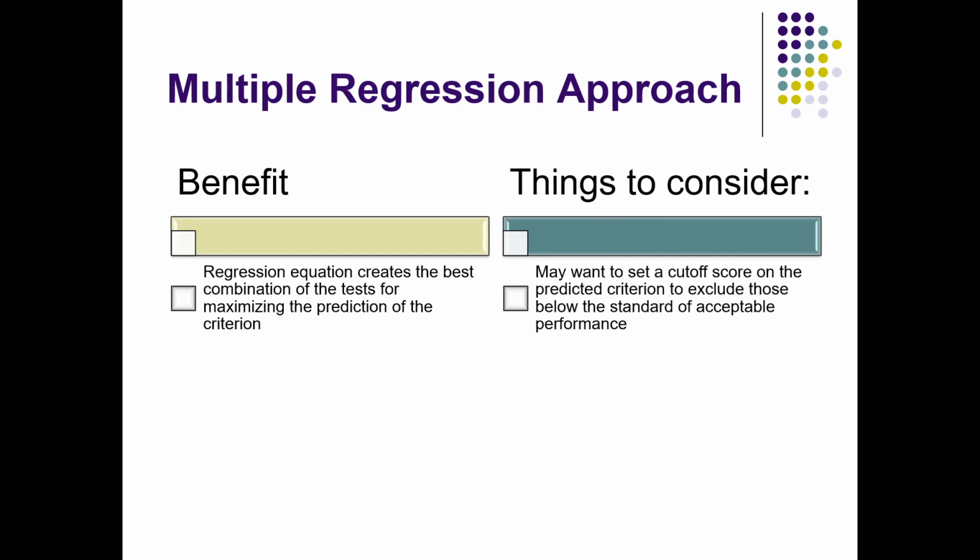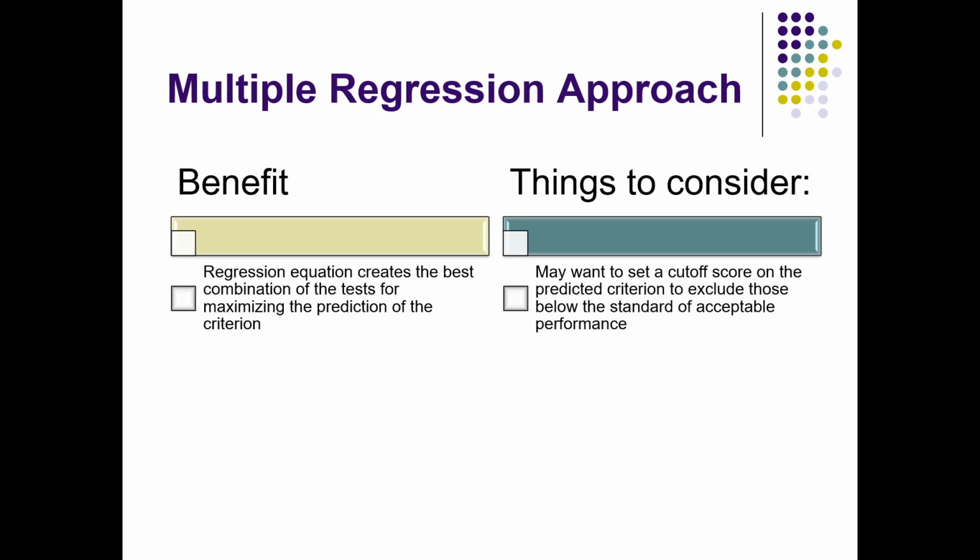we might want to use a cutoff approach on the end of the predicted criterion to exclude those who are below the standard of acceptable performance. We might want to have a cutoff so that we can really find out which parts of the battery are predicting success, right?